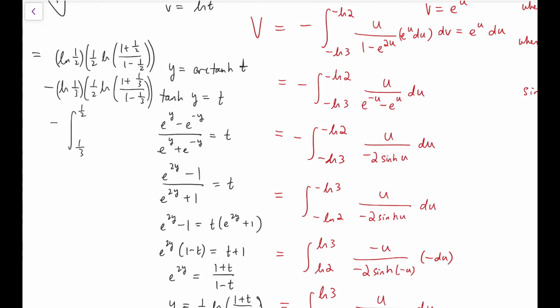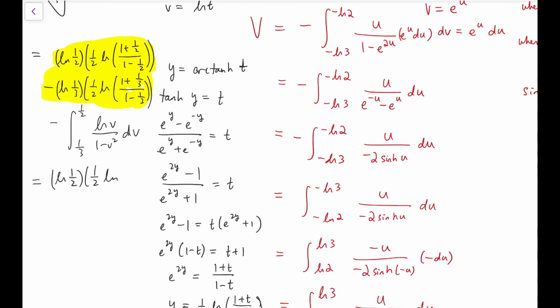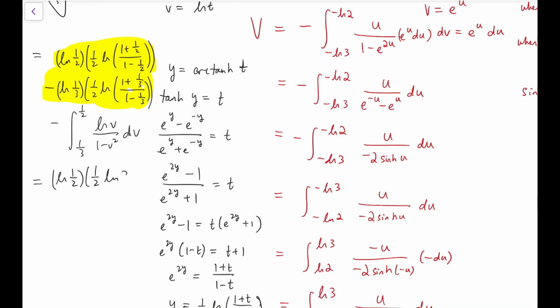Of course, we do not forget the integral that we need to compute. But for the logs above, if you look at that closely, you will notice that it is log of 1/2 times half of log 3, and then minus log of 1/3 times half of log 2.